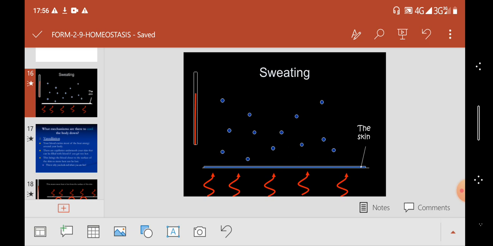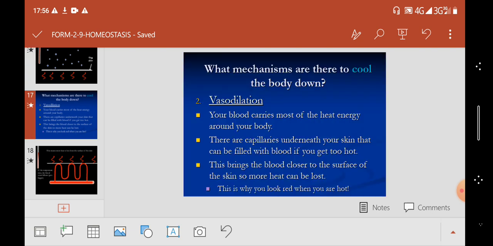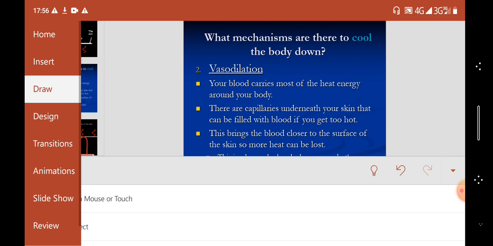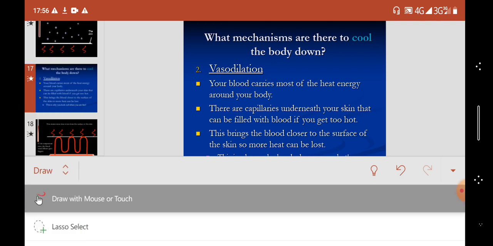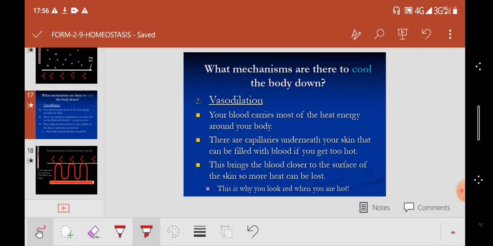The other mechanism is through vasodilation, and vasodilation here means that the blood vessels are affected. Now, the blood carries a lot of heat within it, and this blood can either participate in the loss of this heat or the gaining of this heat.